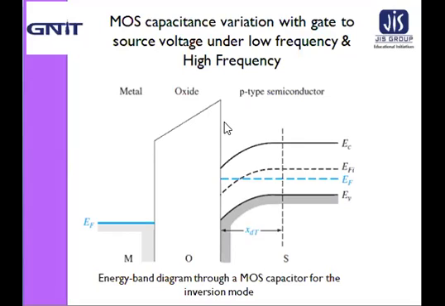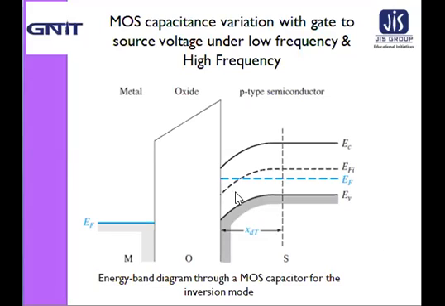Also this process is again the same as that in a reverse bias PN junction, which generates the reverse biased generation current. Both of these processes generate electrons at a particular rate, and the electron concentration in the inversion layer cannot change instantaneously.